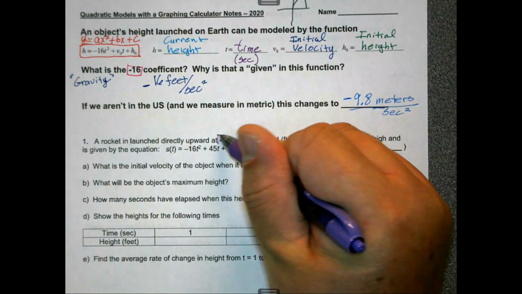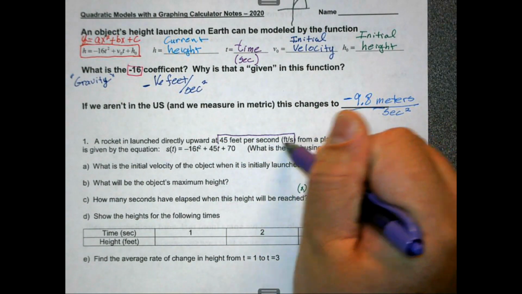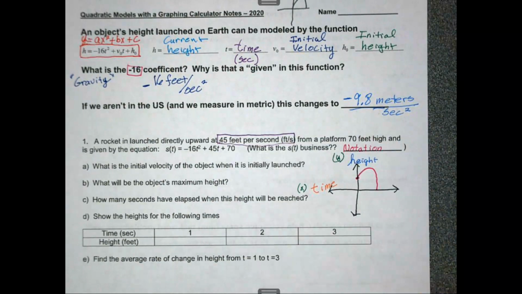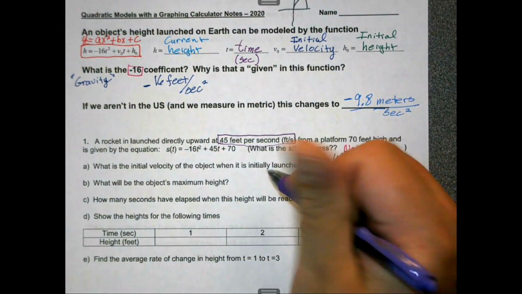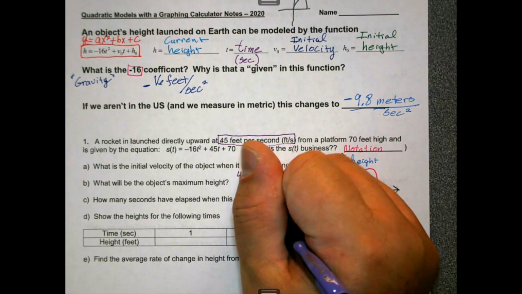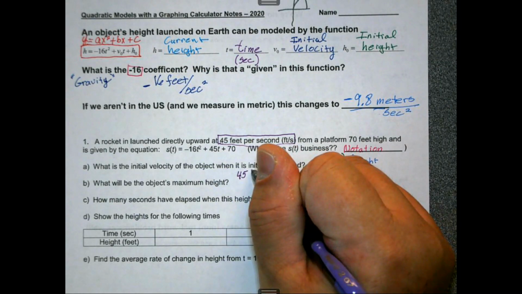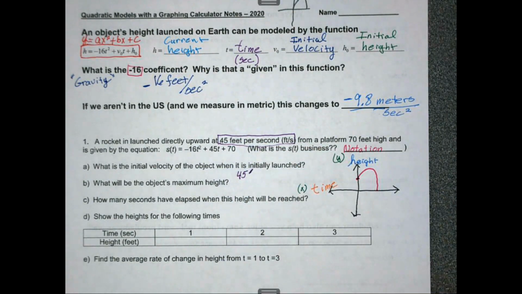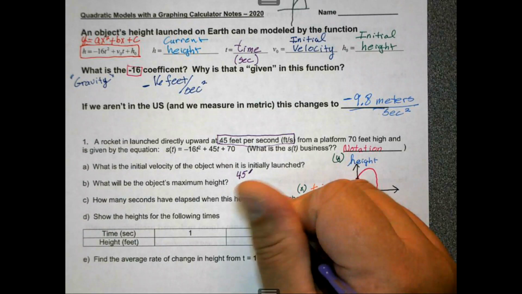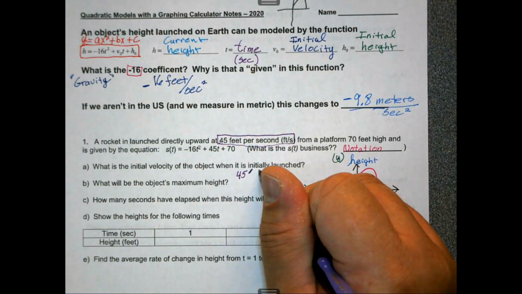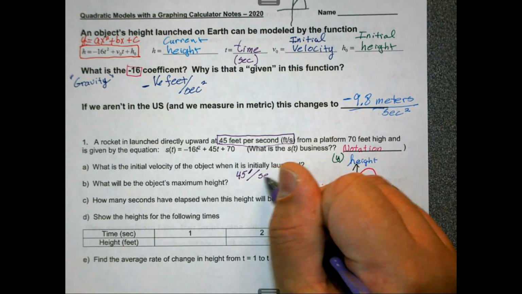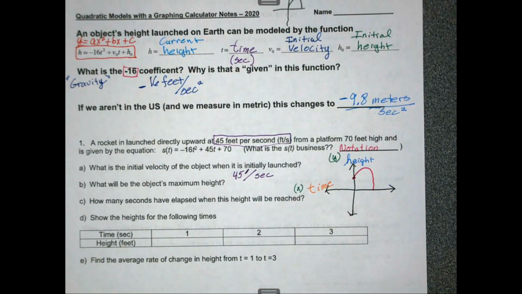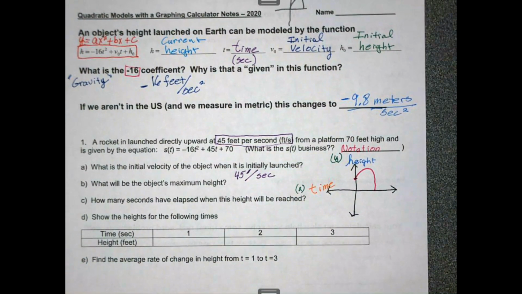It's 45 feet per second. That's my initial velocity. Now I'm going to use a slash mark that means feet. Two of them means inches. 45 feet per second. So I just answered A. A was pretty easy.